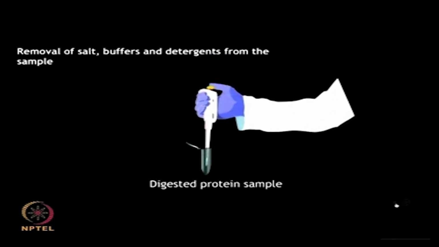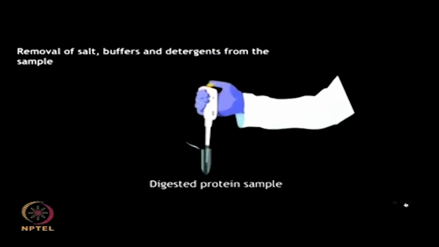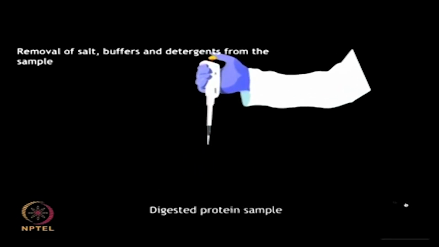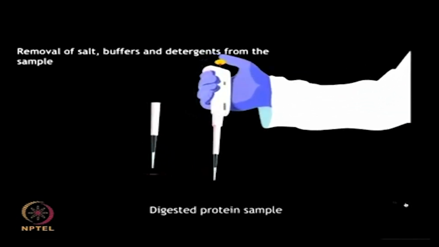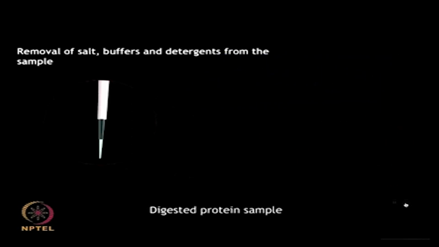Once the protein sample has been digested, all the salt, buffer and any detergent must be removed from the sample. So, after doing in-gel digestion and before proceeding to the mass spectrometry analysis, an efficient step in between is to use some filters or zip tips, which can eliminate some of these contaminants and salts.